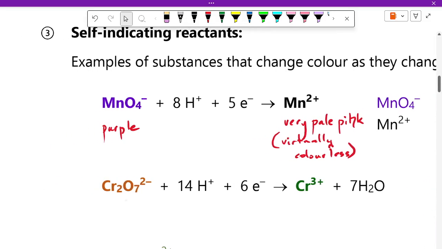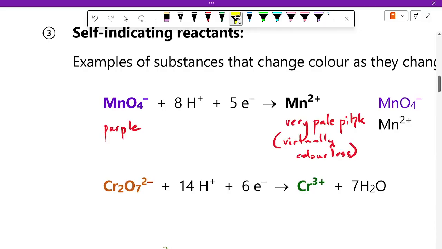How would you describe this permanganate ion, given that we have this in the half reaction? Anytime you see that in the half reaction, you need to use the word acidified.